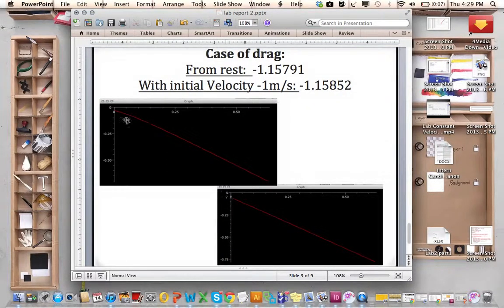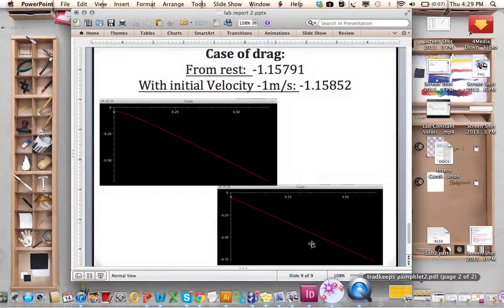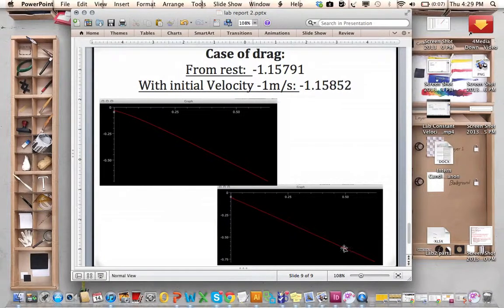As you can see, the first graph is a little bit more parabolic than the second graph, but the second graph has pretty much a constant velocity, and the first one has a constant velocity at the end. And the final velocity from rest and the one with starting velocity are very, very similar.